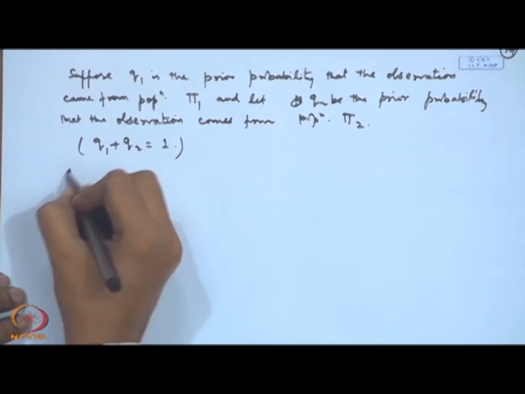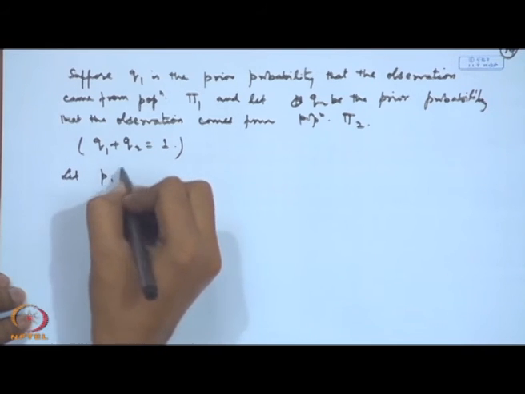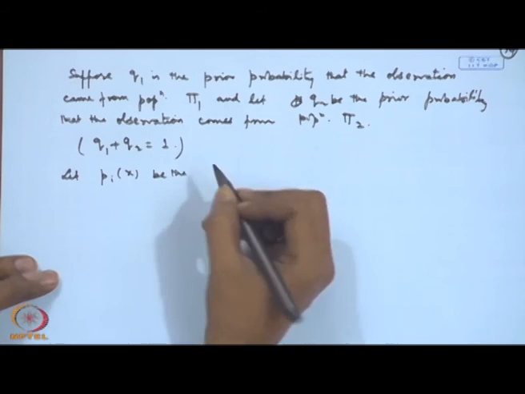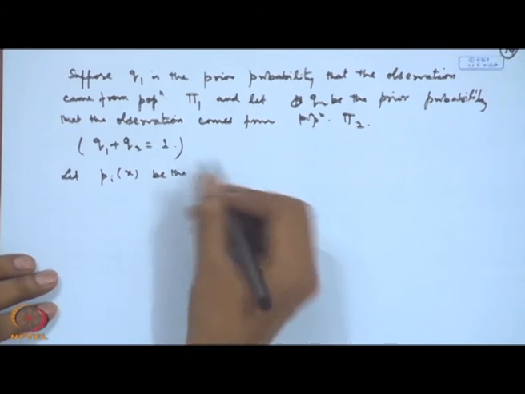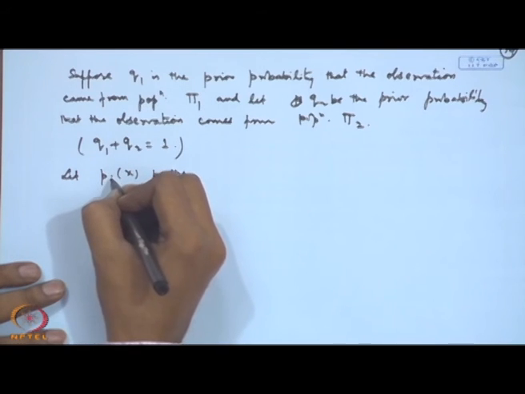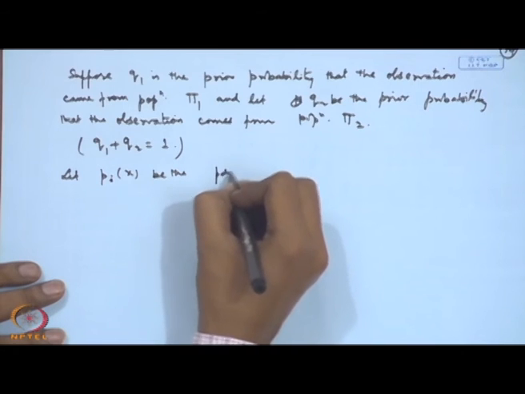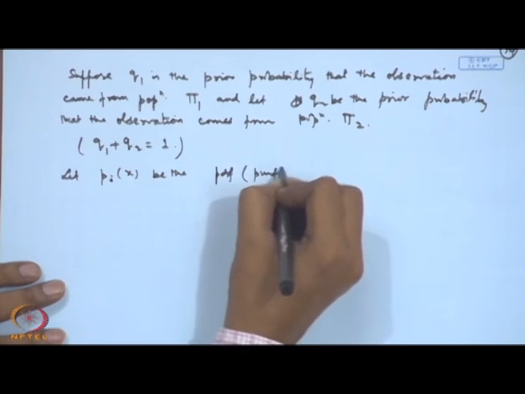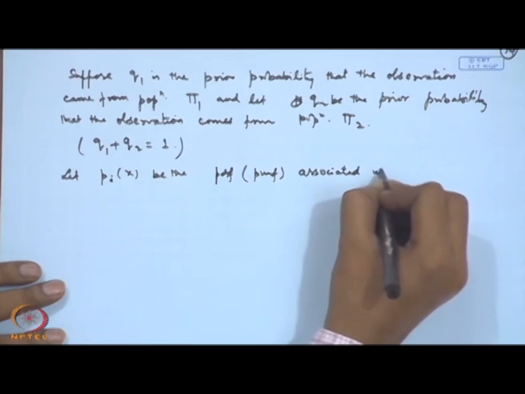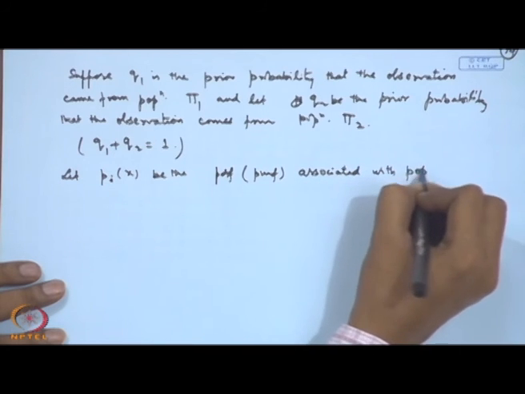Let us consider, say, P i x. You may have a discrete or continuous distribution, or it could be a mixture also, but in particular let us take either purely discrete or purely continuous. So, you will have a PDF or PMF associated with population pi i.